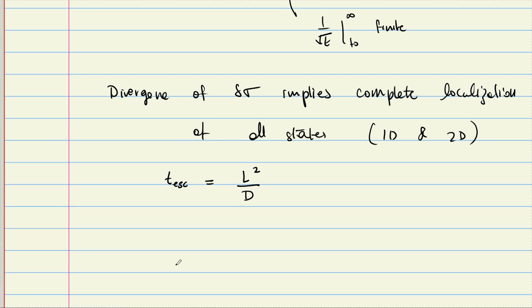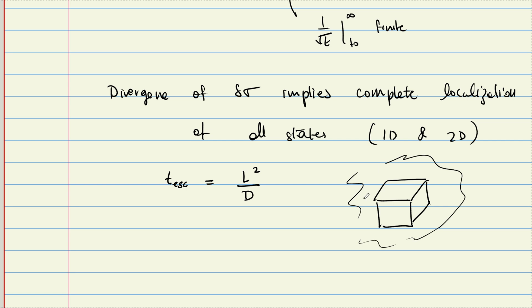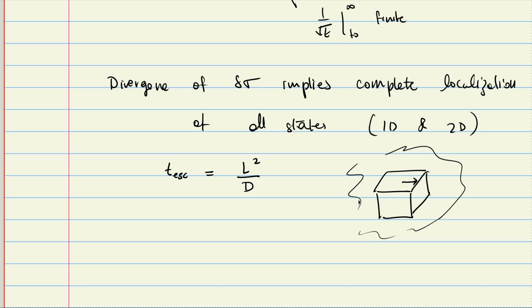And what we are imagining is there is a box of disordered sample of size L, and we embed this inside a disorder-free region. And once the electrons reach the boundary of the box, there is no more diffusion, right? So that's the upper cutoff.